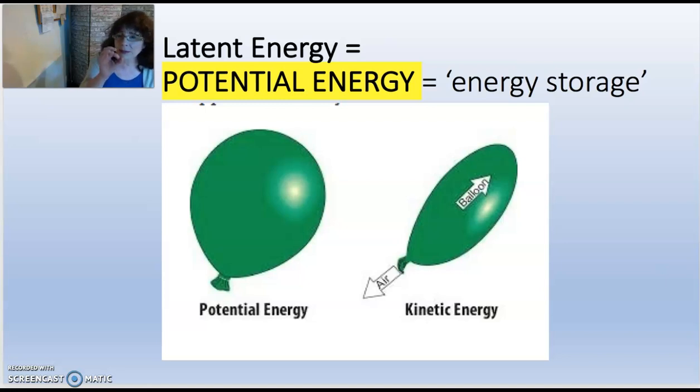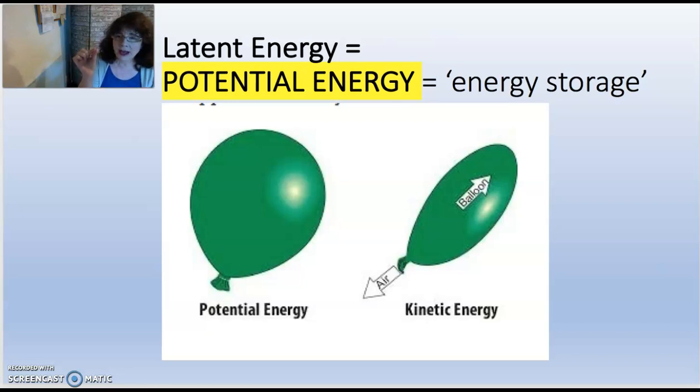You can think about it another way, the difference between potential energy and kinetic energy. Potential energy is like blowing up a balloon and then holding it sealed, and it's not moving at all. But what is inside that balloon is warm air from your lungs, which has energy, and also water vapor from your lungs, which has energy as well.